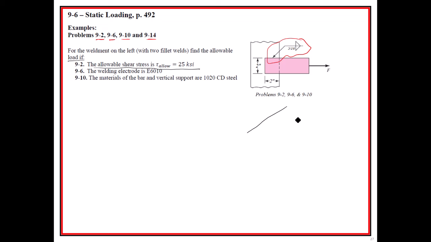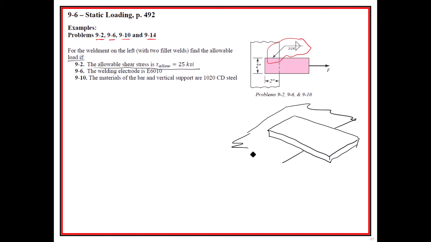So I'm going to redraw this so it can be a better explanation, because we're looking at a side view and it can't quite tell what that weld will look like. And I've exaggerated some thickness right here of the plate. And here's the thing that's being welded to.